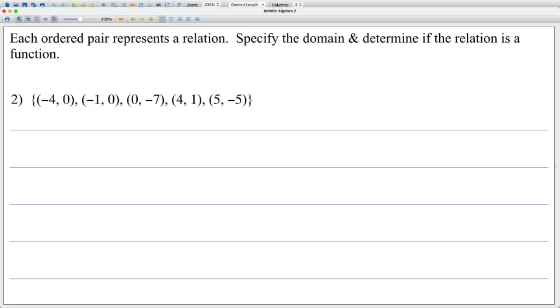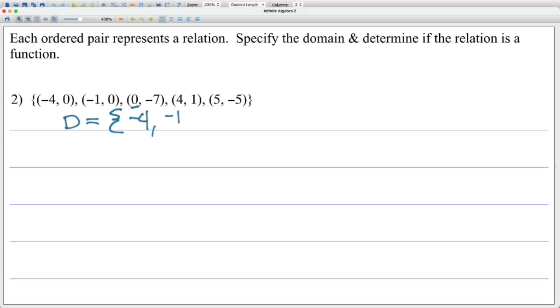All right, so you're supposed to decide if the relation is a function, and you're supposed to specify the domain on the charts. So here we go. For the domain, you should write either the word domain or D equals with a brace. First x value is -4. My next one's -1.